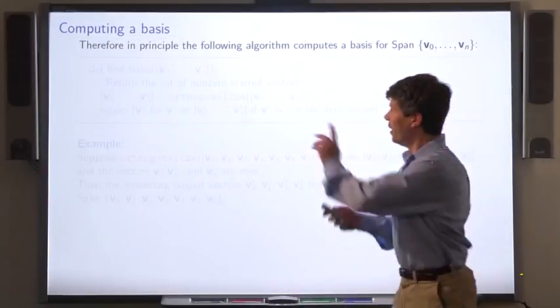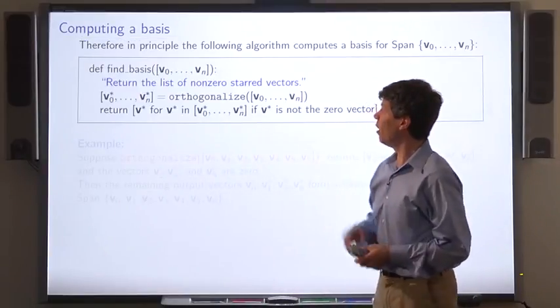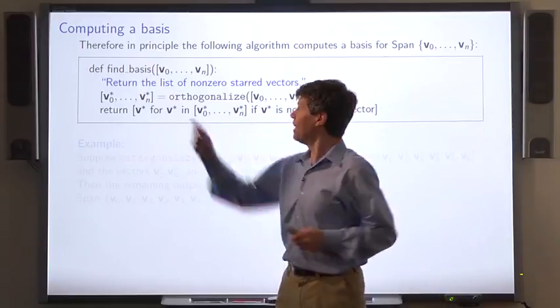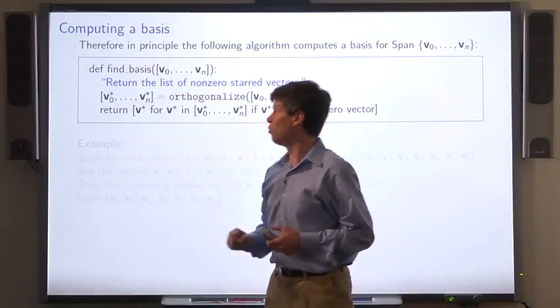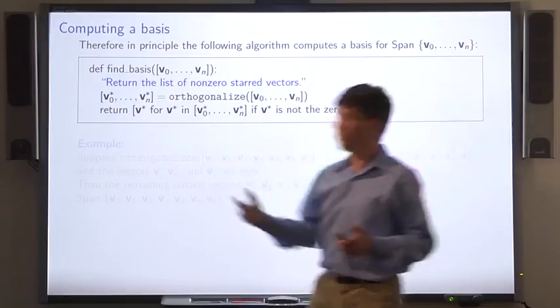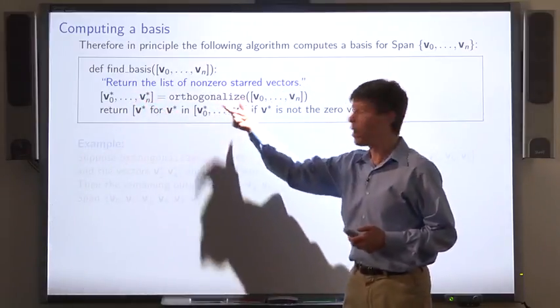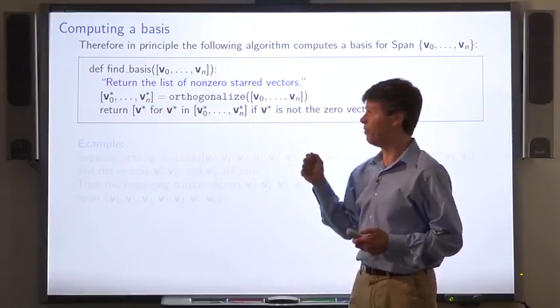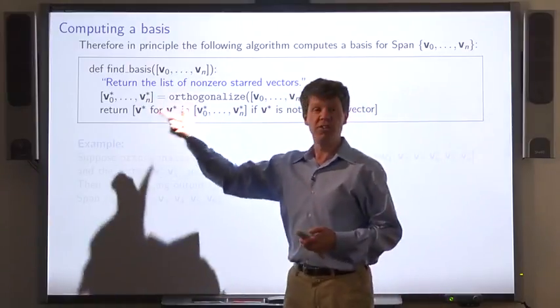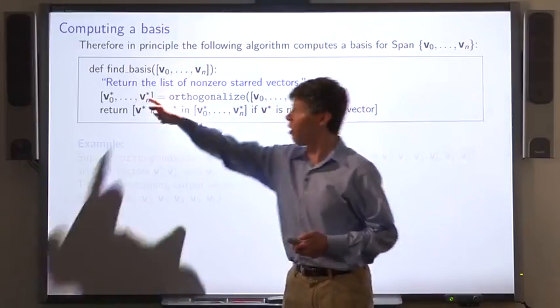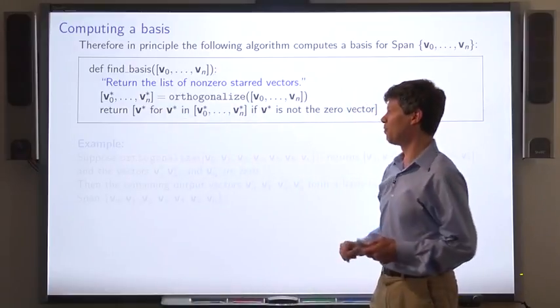So in principle, this algorithm should find a basis for the space spanned by the input vectors v0 through vn. It first computes v0 star through vn star by running orthogonalize on the input vectors v0 through vn. And then it returns the list consisting of those starred vectors that are non-zero.